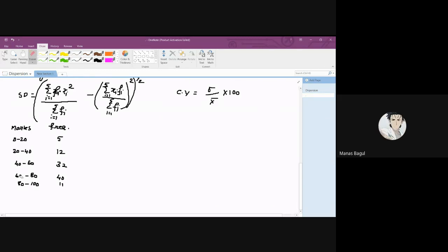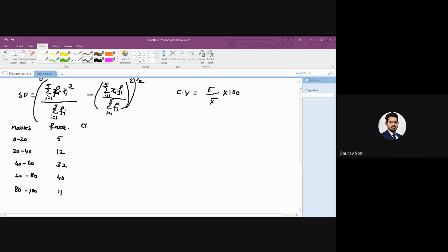Class marks and their squares. So the class marks, as there are xi's, we cannot consider these class intervals directly.